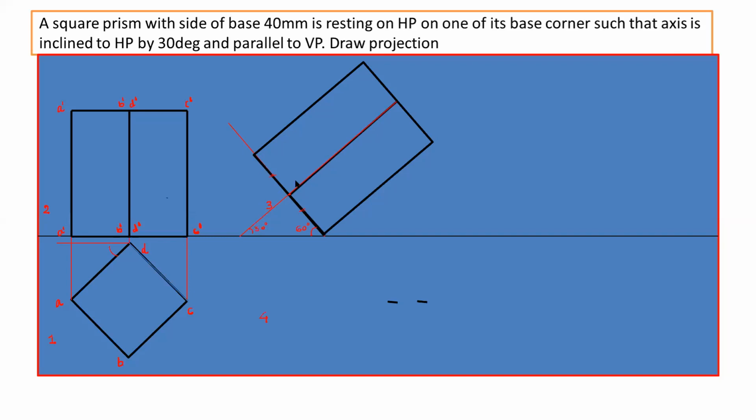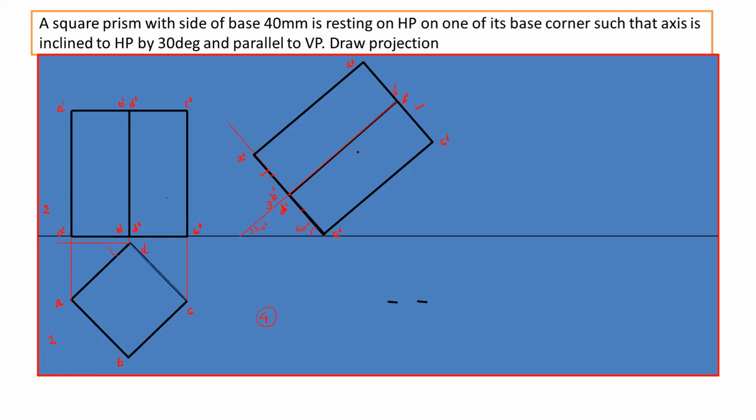Now take the projections in the top view. So before that, you can give the names. So you can observe here this line. So this is the bottom base and this is the top base. So when you find out the intersection points in the second stage top view, that is your fourth step, you should observe which are the points from the bottom base and the points from the top base.